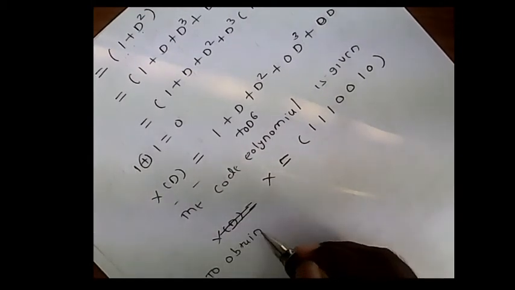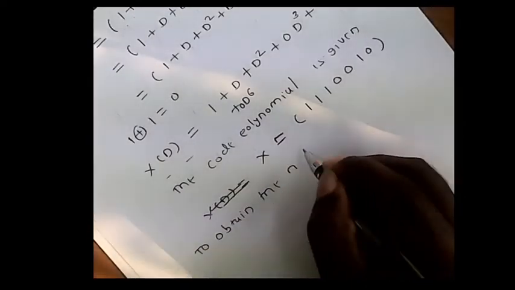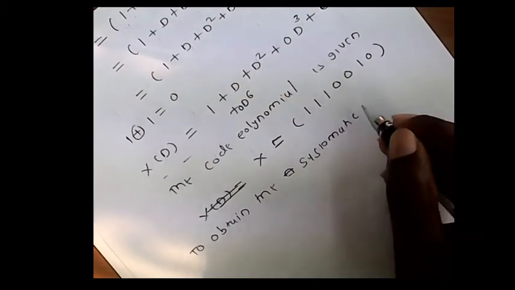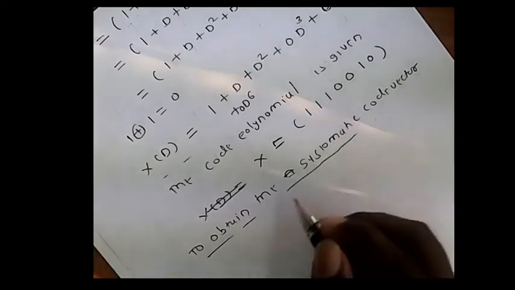Then to obtain the systematic code vector, or systematic cyclic polynomial, first we obtain the non-systematic one.